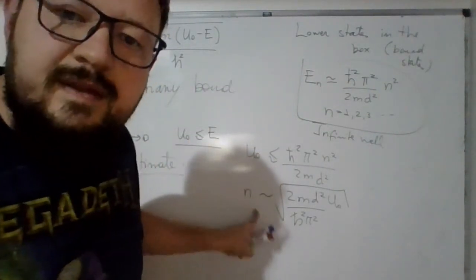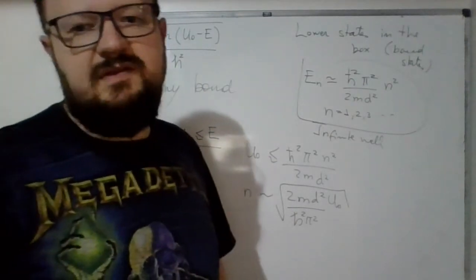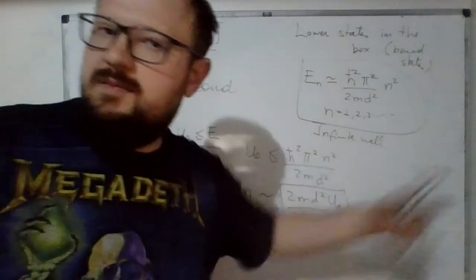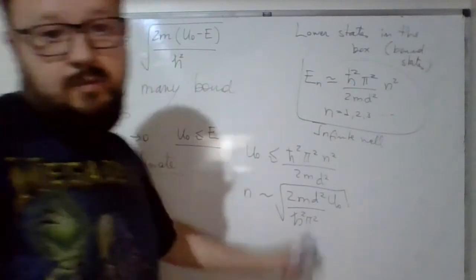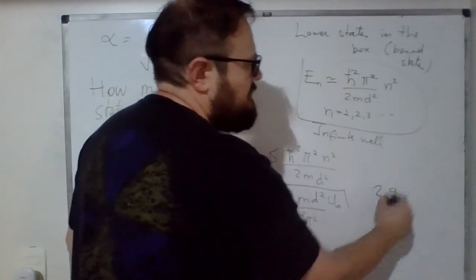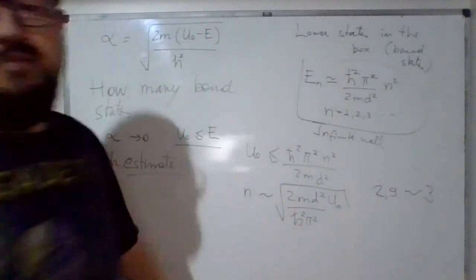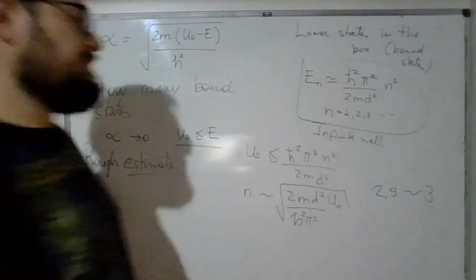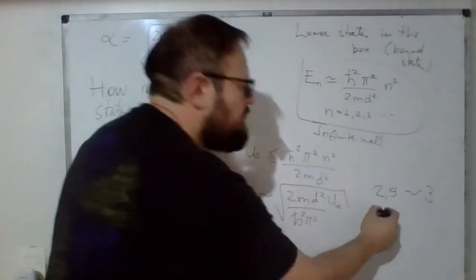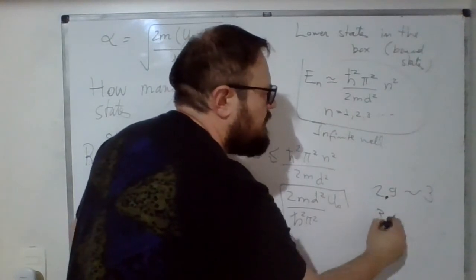This is the number of solutions you have for bound states. You need to round it. Probably you find something like 2.9, so you likely have three bound states. Or perhaps in another problem you find 3.1.